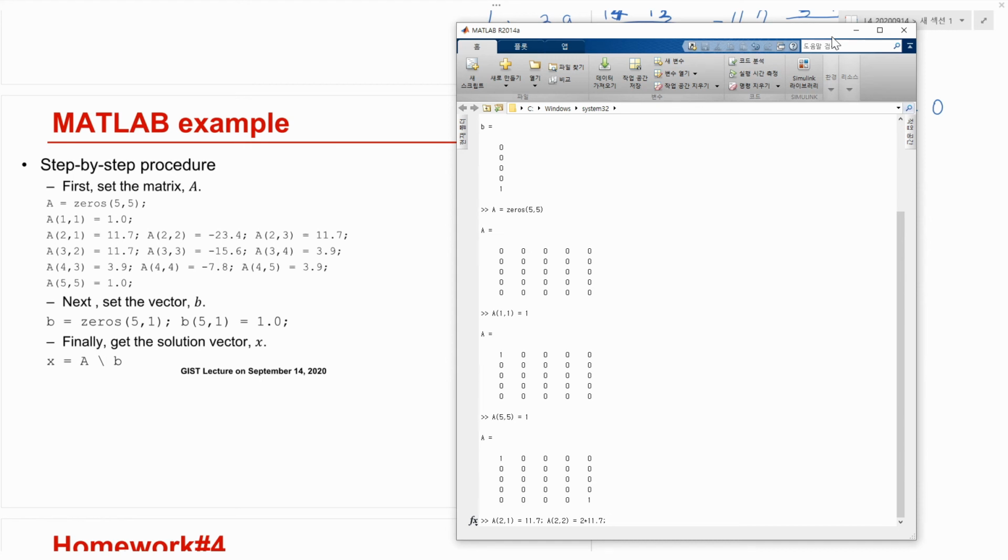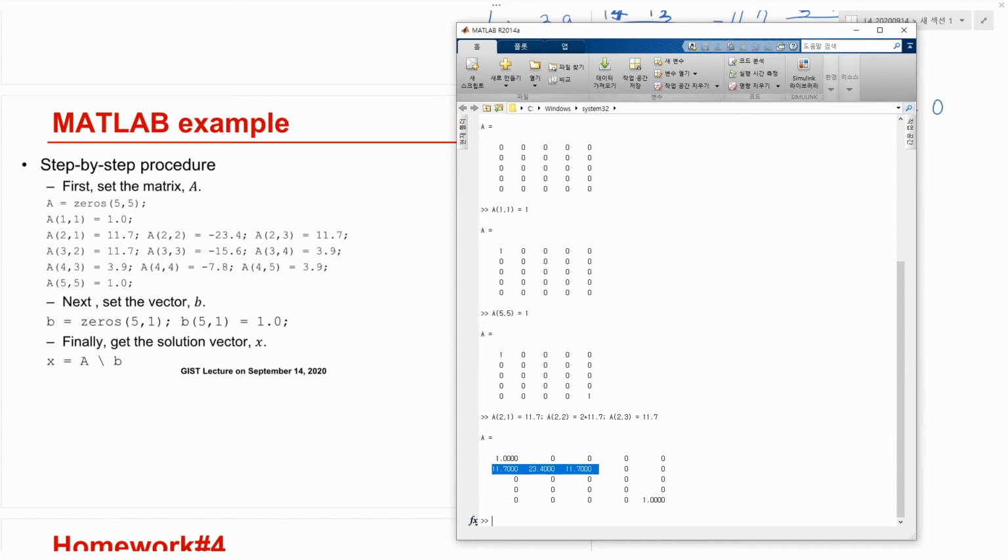Finally, 2,3 is corresponding to 11.7. So now we have the A matrix whose second row is correctly evaluated.